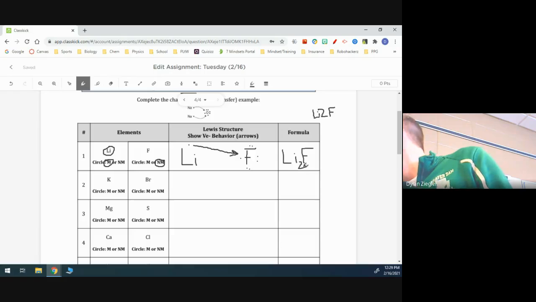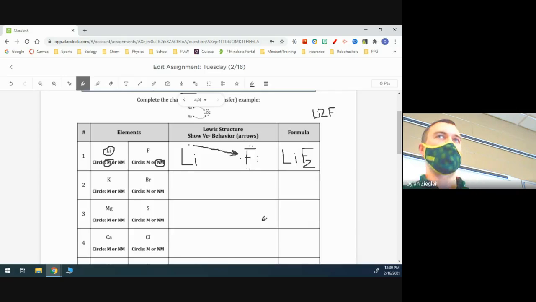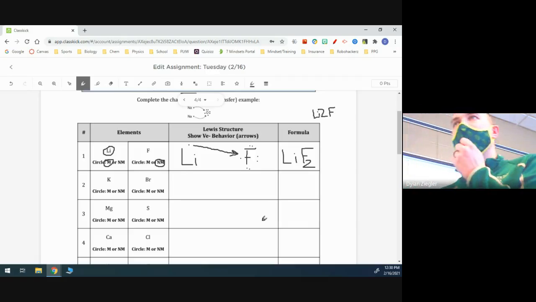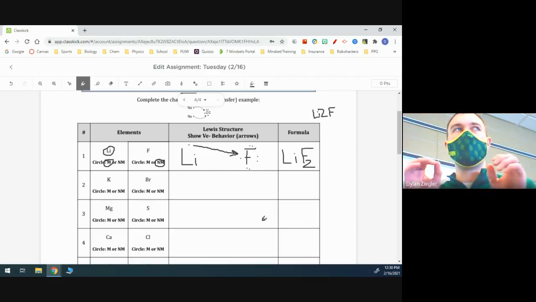All right, so that would be like 2 Lis and an F. Or maybe in some cases, I might have 2 Fs. And so then I would put my 2 after the F. I want you to essentially tell me how many you have of each atom. The order and the specific requirements, I'm not going to focus on because we haven't talked about it yet. We'll save that for a different day.